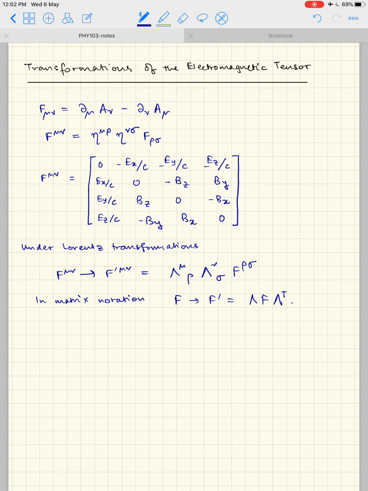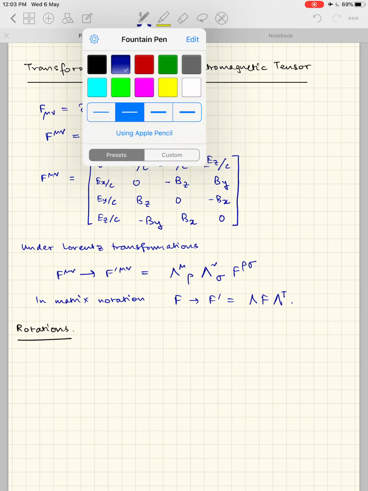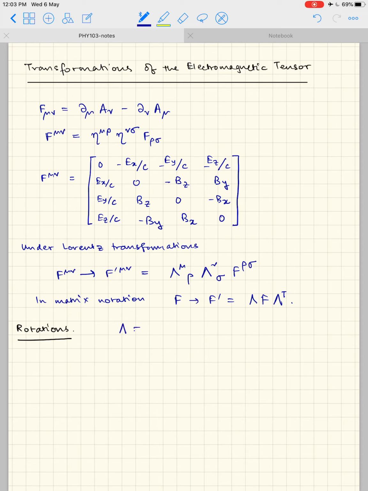So let us now look at explicitly what some Lorentz transformations will do. The first one we will not go into much detail is rotations. So remember that for rotations, your lambda is just given by 1 and an R matrix, which is a 3 cross 3 rotation matrix, such that R transpose R equals 1.